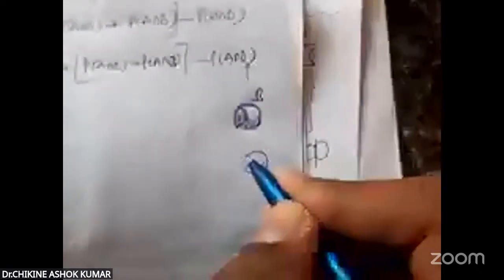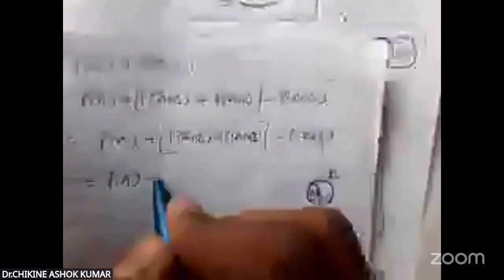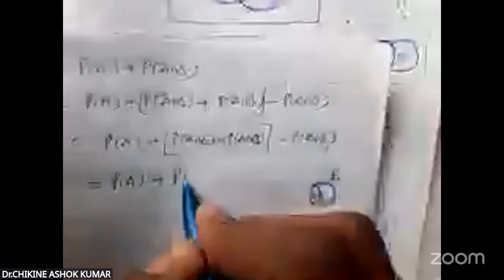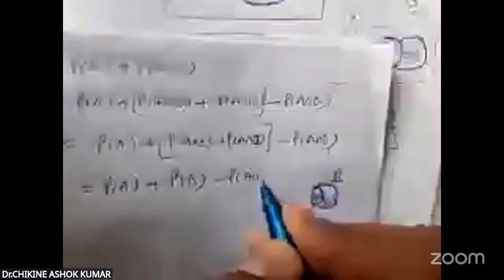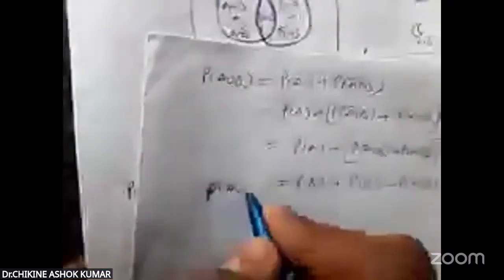Yes, this is A bar intersection B, and this region is A intersection B. It means it indicates the completely circle B. So this is P of A plus complete B. This is probability of B minus probability of A union B equal to, finally we got this result. So here, what is the condition?